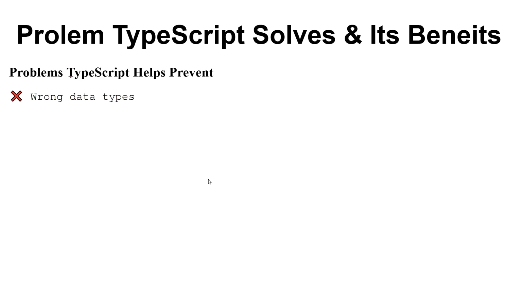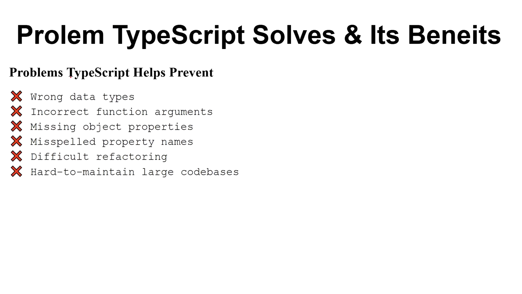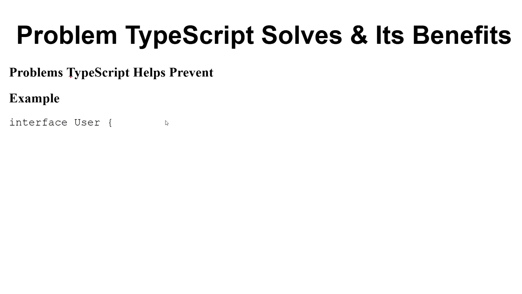TypeScript prevents wrong data types, incorrect function arguments, missing object properties, misspelled property names, difficult refactoring, and hard-to-maintain large code bases. Example: interface User, name is a string and age is a number, assigned to const user.